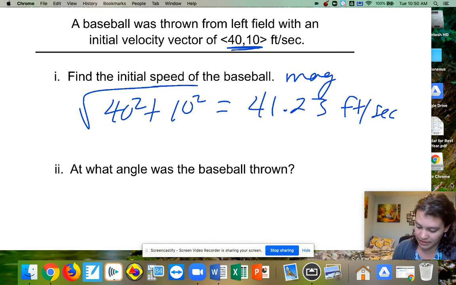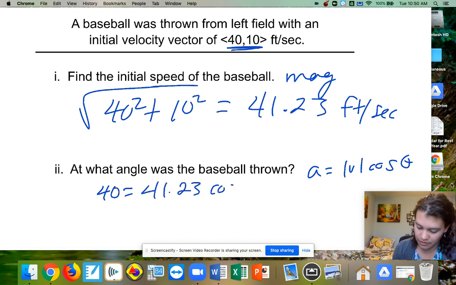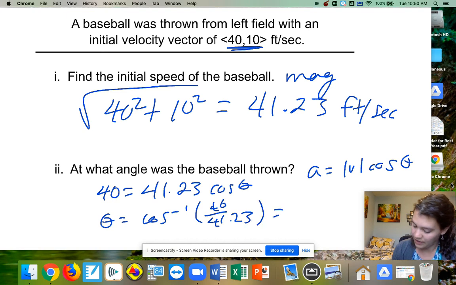I'm going to use, again, that a equals your magnitude cosine of theta. You can use sine, it doesn't really matter. So we know 40 has to equal 41.23 cosine of theta. So then theta is cosine inverse of 40 over 41.23. This will give you an angle of 14.03.